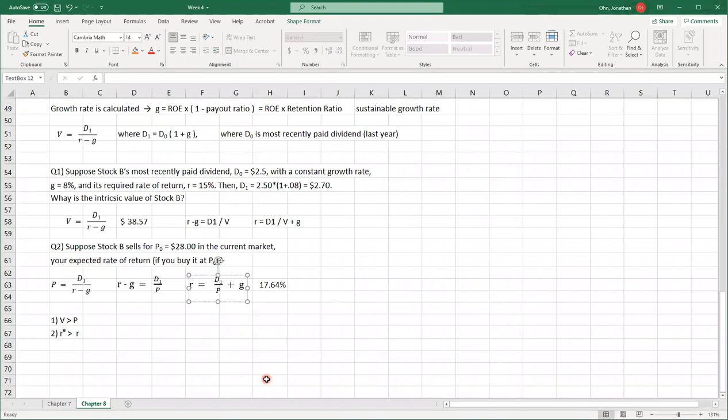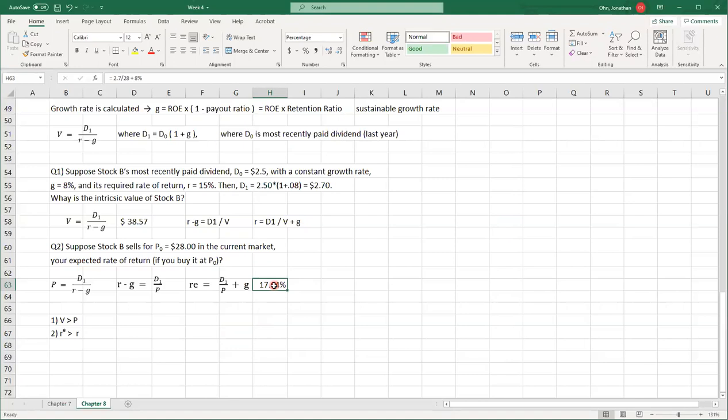Let's just add expected. So you see that your expected rate of return of your investment is D1 over P plus growth rate, which is 17.64%. Right, 17.6%.